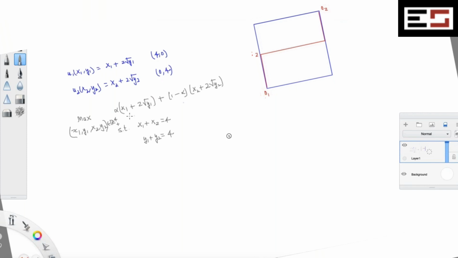So let's look at this problem. You can even split this problem, because it's additive.